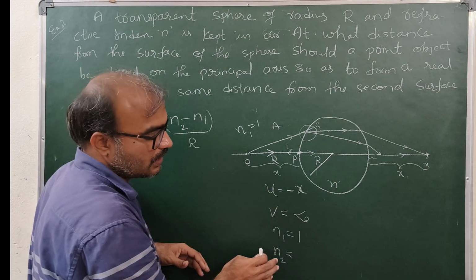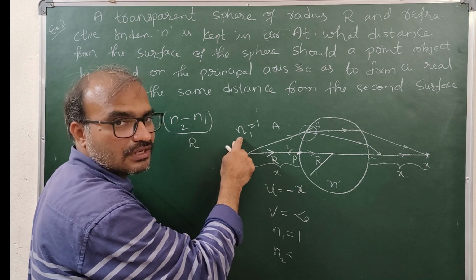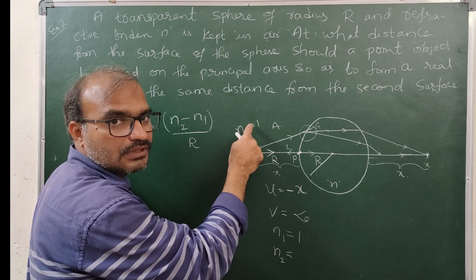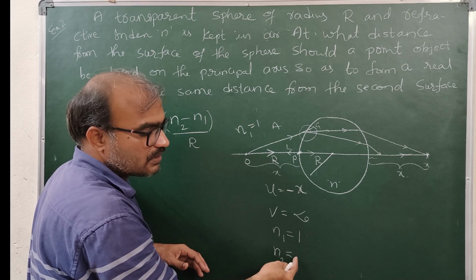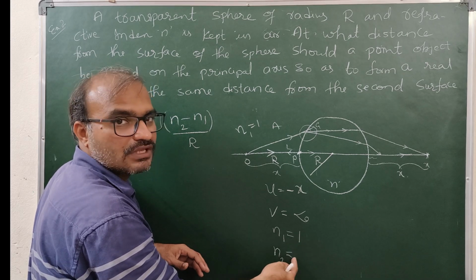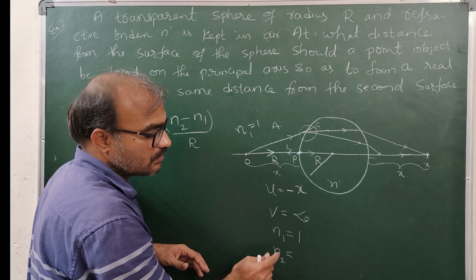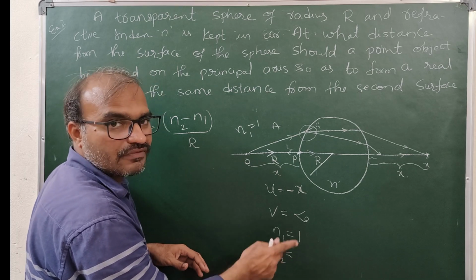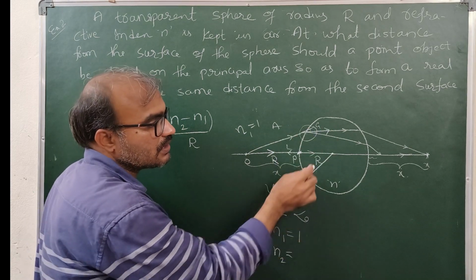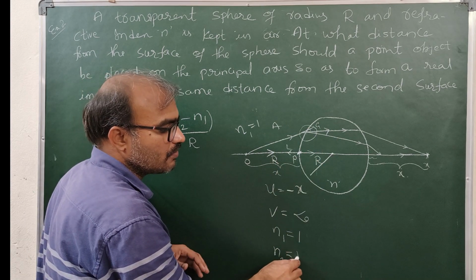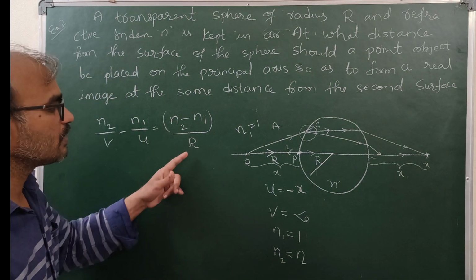Generally students will think that n2 is the refractive index of the medium in which the image is present, but that is wrong. Here n2 is the refractive index of the medium in which the refraction is occurring, right? So another, second medium. So here n2, as per the question, is given as n. Now what is r?